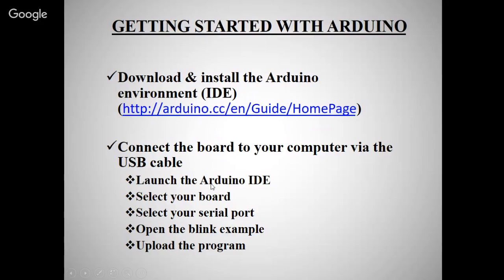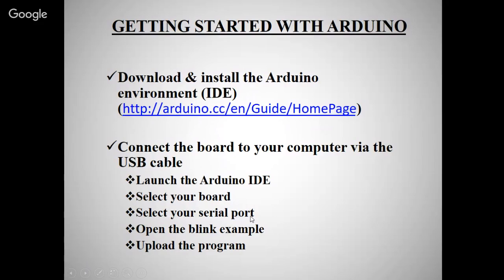Then connect the board to your computer via USB cable. Then launch the Arduino IDE. The Arduino IDE is where you can write the program, run the program, and take the readings. Then select the board, because I explained earlier that there are many boards, Uno, Mega, Lilypad, so you have to select which type of board you are going to use.